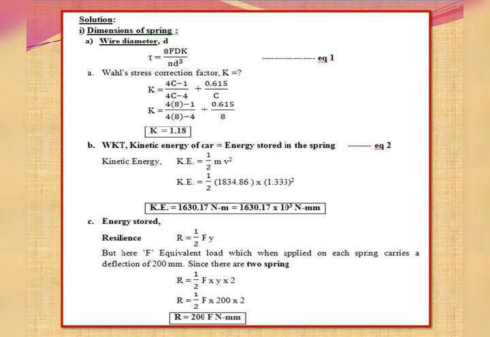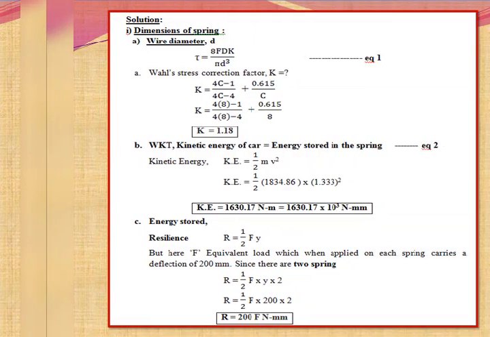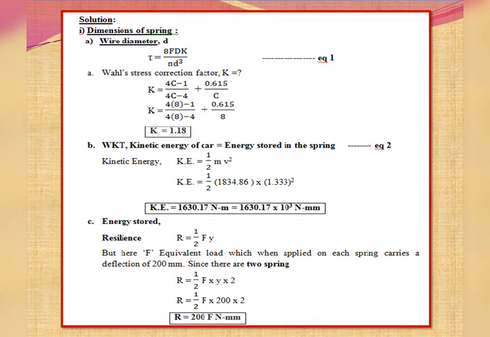Now for equation 2, one more unknown is required, that is energy stored in the spring, that can be evaluated by using the resilience equation. Resilience R is equal to 1 by 2 load into deflection, F into Y. Earlier, while defining the problem, we discussed that there are two helical coil springs.